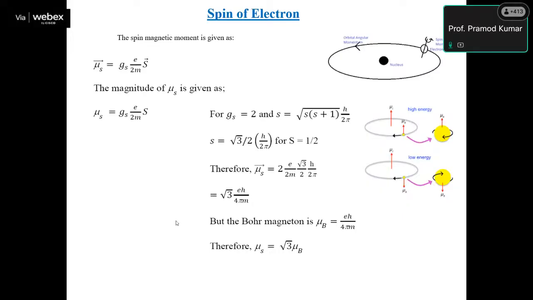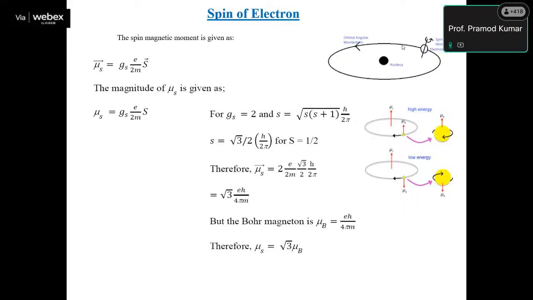Now next, because the electron has two types of motion. One motion, basically, the electron is moving in the orbit. The second motion is that the electron is also rotating about its own axis. So this rotation of the electron about its own axis has two possibilities. Maybe the electron has up spin or down spin.